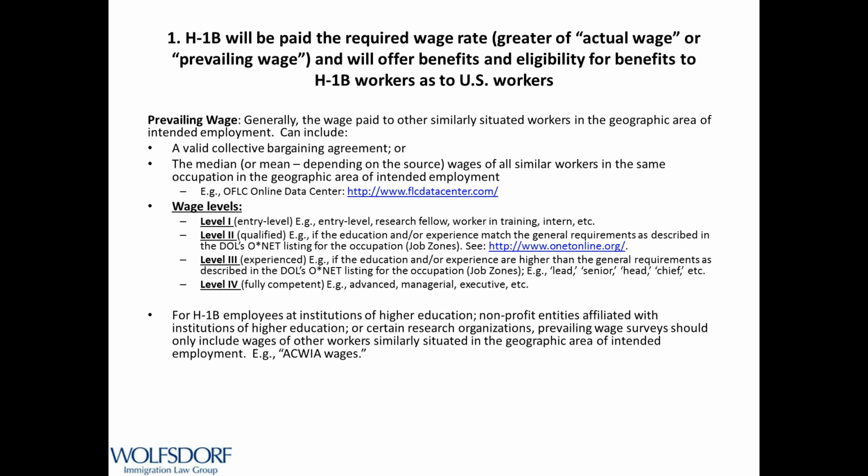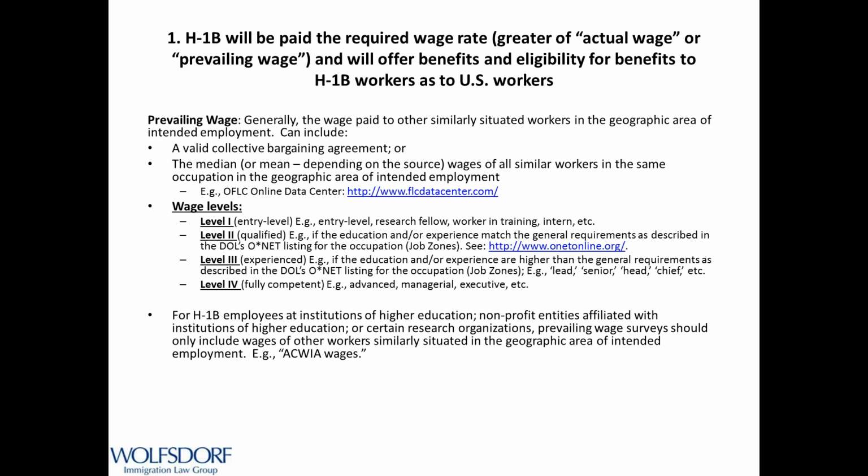Also, a note at the bottom for individuals who will be working for colleges and universities, nonprofits associated with those colleges and universities, or certain types of research organizations, including government, etc., then the prevailing wage survey should only include the wages of those workers who also work at one of those types of organizations.